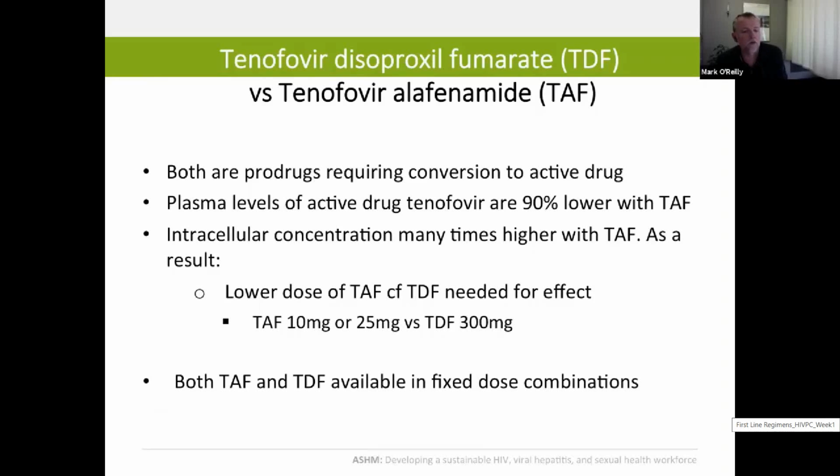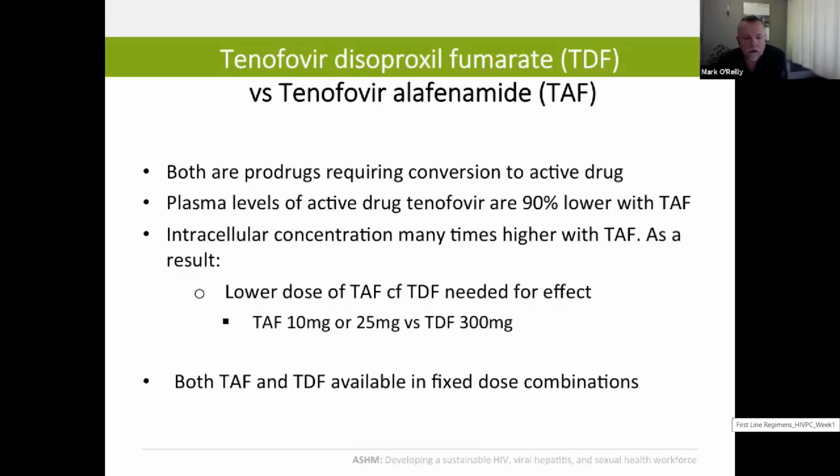So as a result, a lower dose of tenofovir alafenamide compared to tenofovir disoproxil fumarate is needed to suppress HIV. So the TAF comes in doses of 10 milligrams or 25 milligrams versus the TDF dose of 300 milligrams.